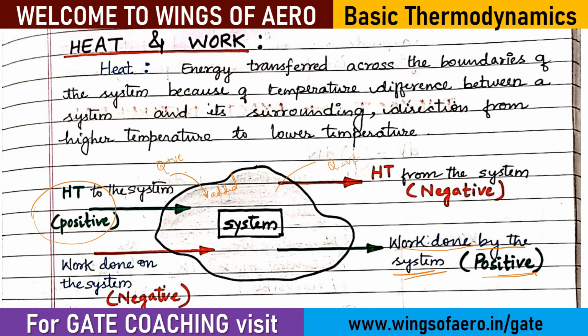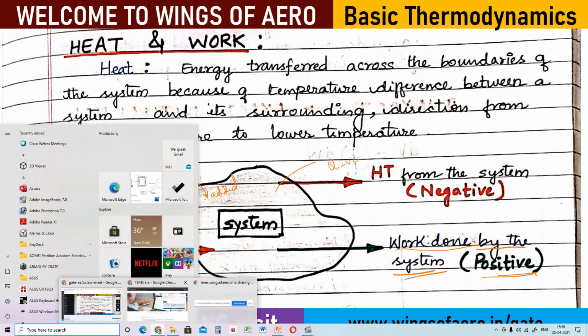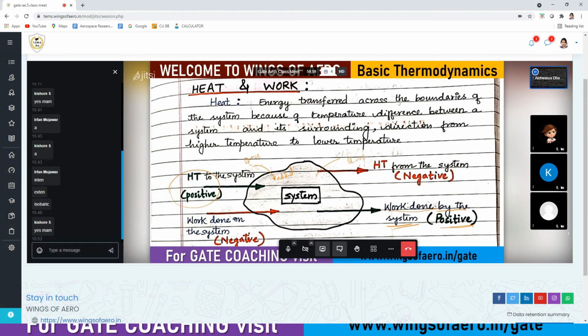So where the work is actually done by the system in your gas turbine engine, can you tell me? Please use the chat box. Where in the gas turbine engine the work is done by the system among this component.